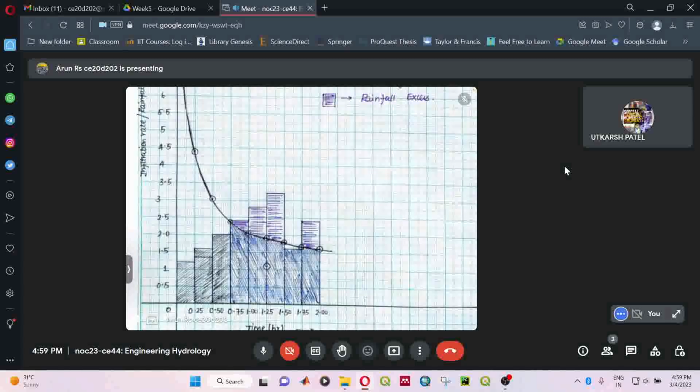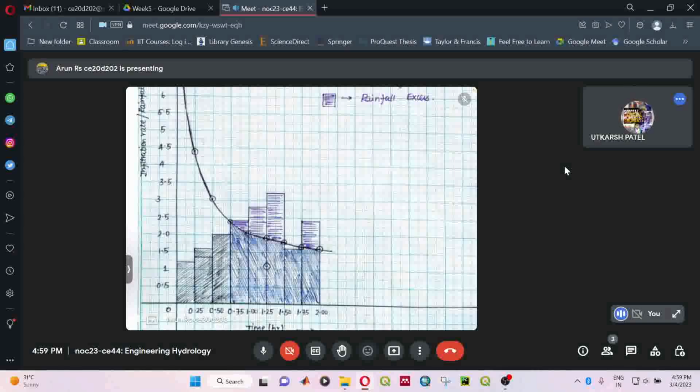So your infiltration rate cuts your hydrograph, and it continues. And in one place again we saw rainfall intensity decreased, so we don't have any rainfall excess there. So all the water is infiltrated, and again at the last time step your rainfall intensity is more than the infiltration rate.